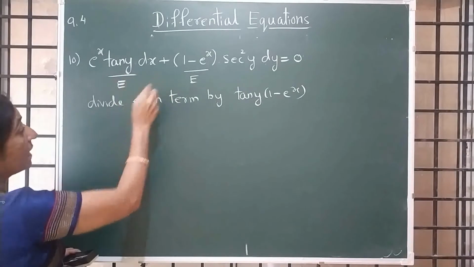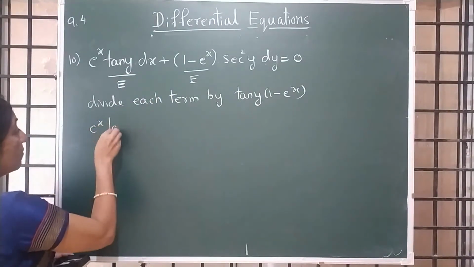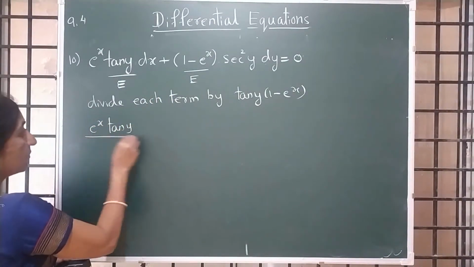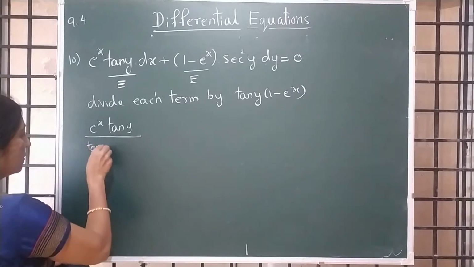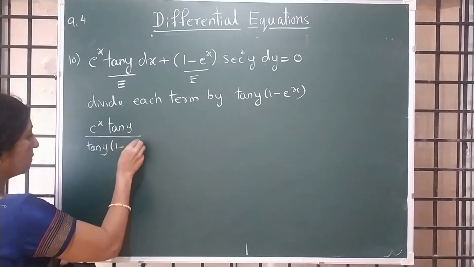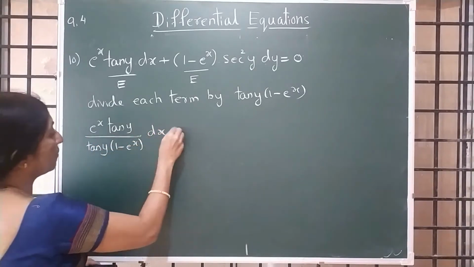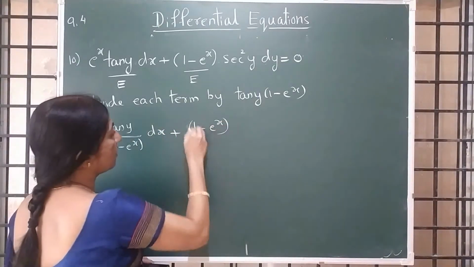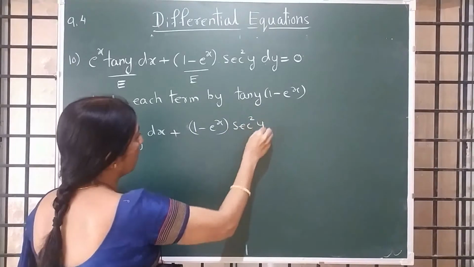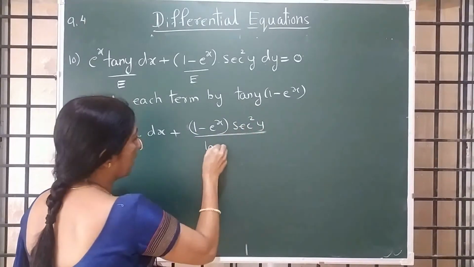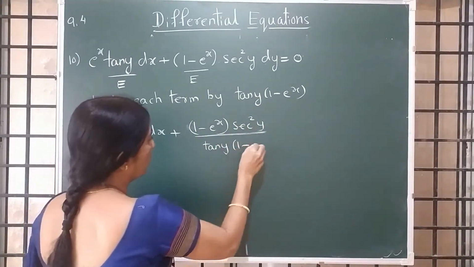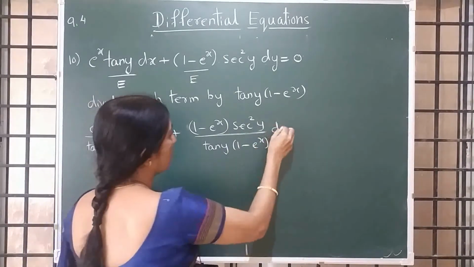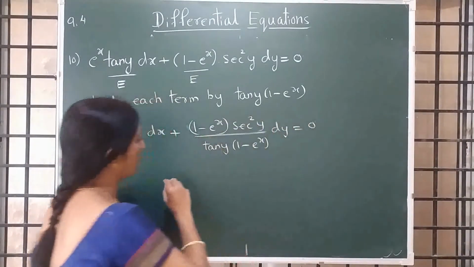Whatever extra terms you multiplied, divide by that. Plus 1 minus e raised to x into secant square y upon tan y into 1 minus e raised to x into dy is equal to 0.